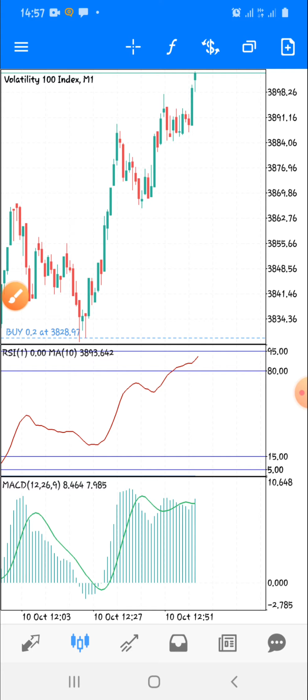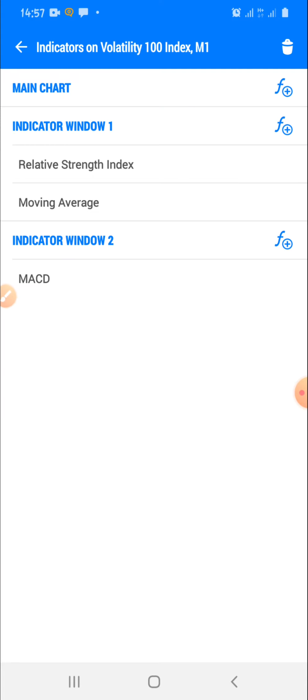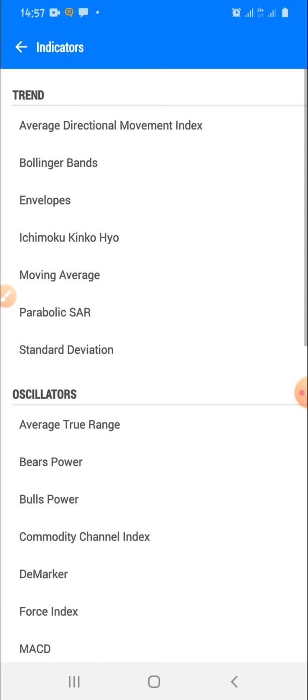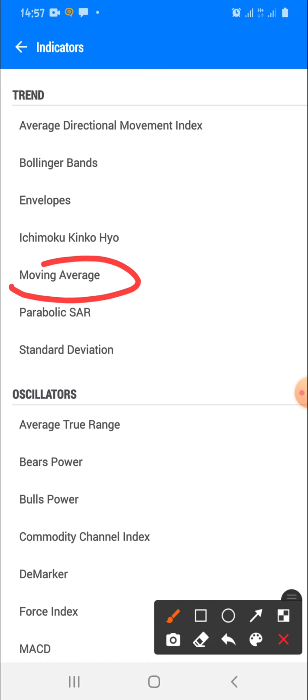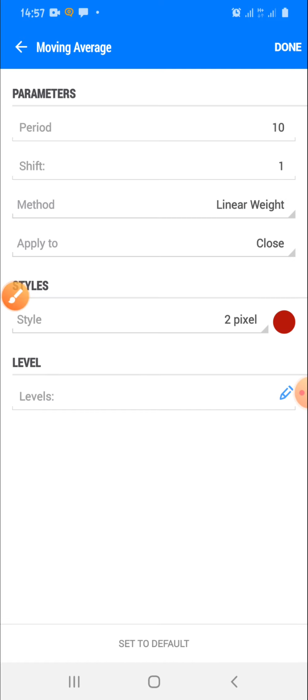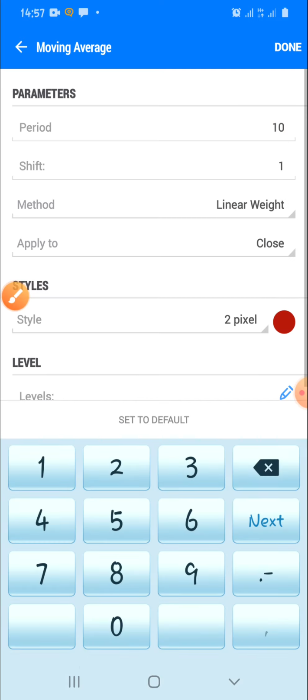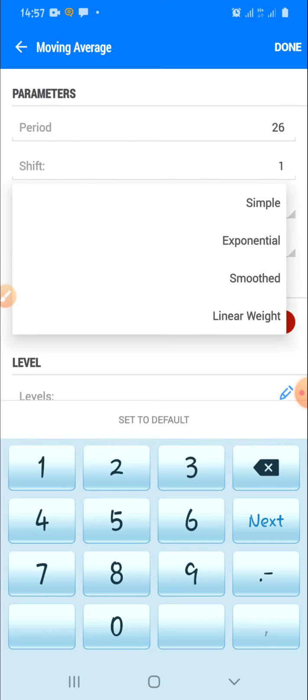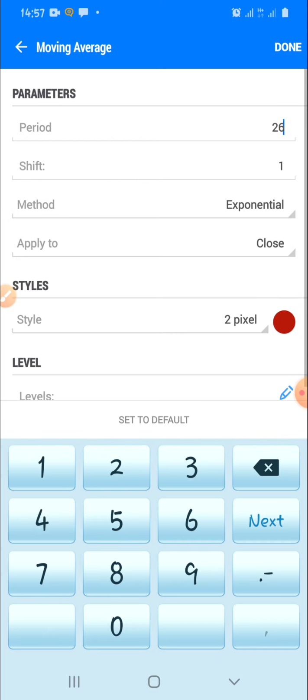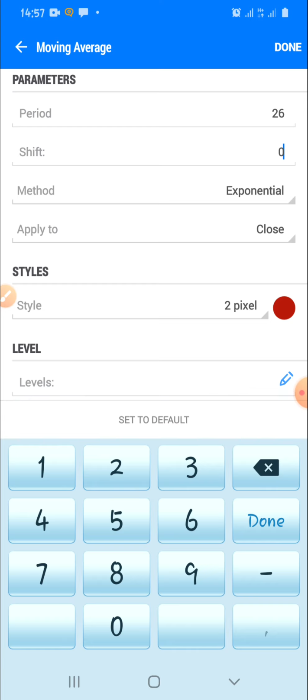Firstly, I will click here, and in the main chart I will click moving average, this icon. Then I'll click on the icon, and I first insert the 26 period. Then here I will change to exponential. The shift I will put 0, and I will leave the color like this and click done.